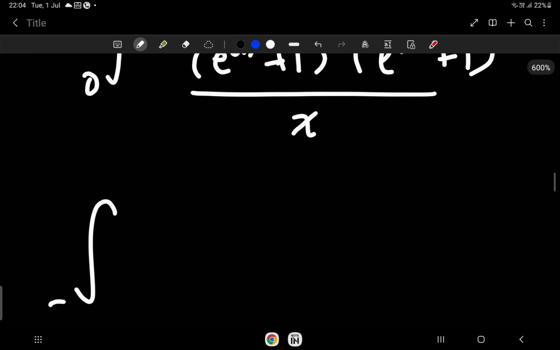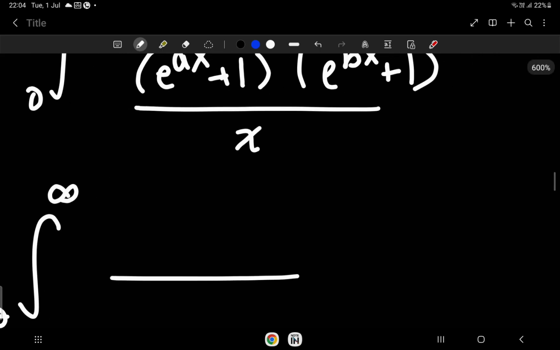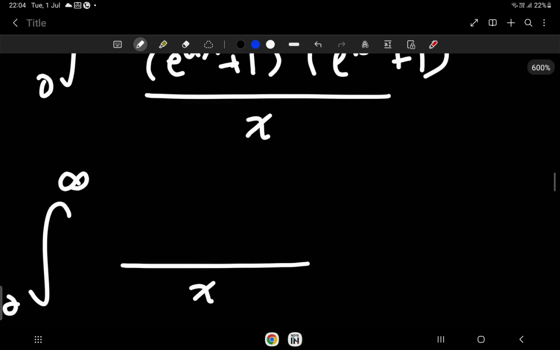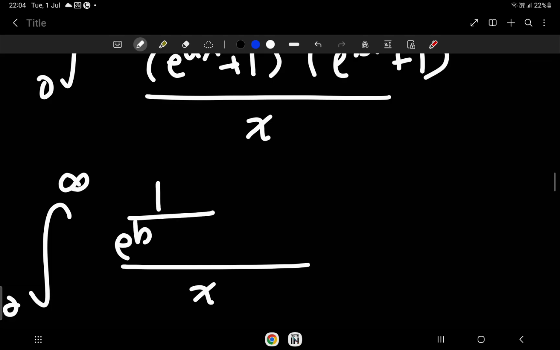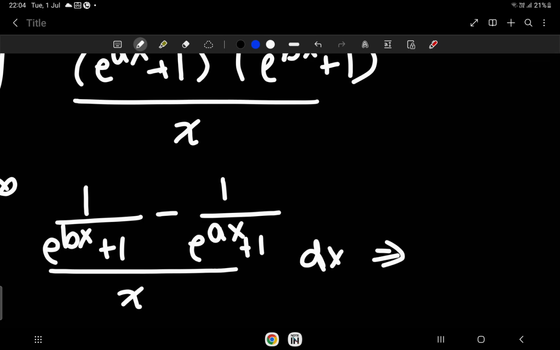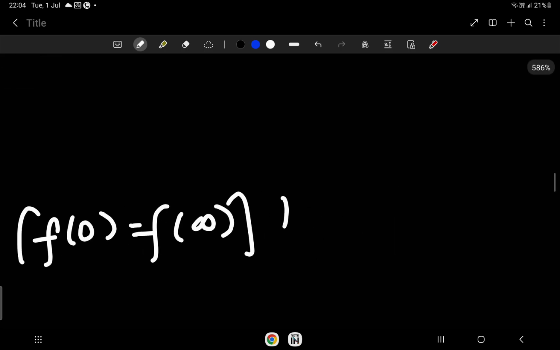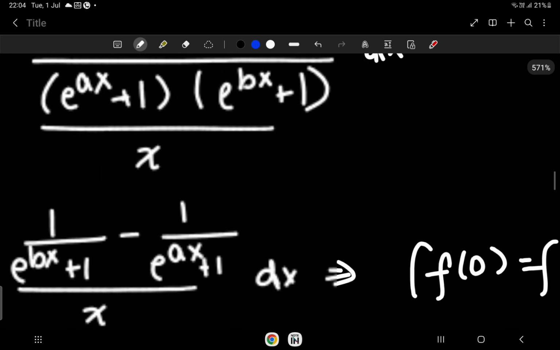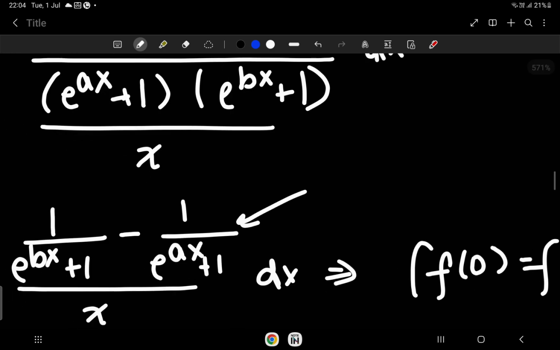So this becomes by x, 1 by e to the power bx plus 1 minus 1 by e to the power ax plus 1, dx. Now here you can see that Frullani's form exists, but here the ln will be a by b, as a is in the negative part.